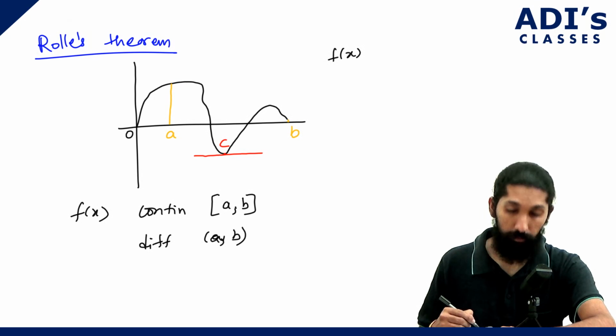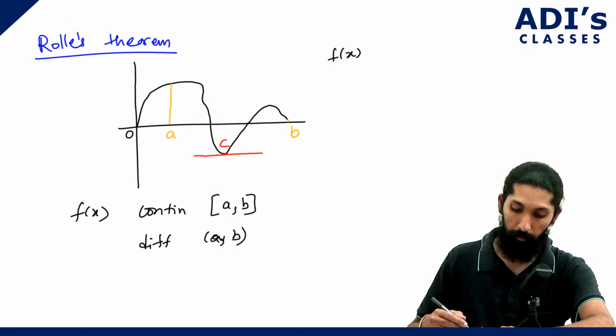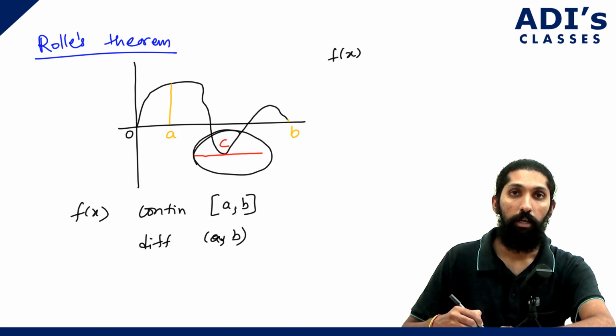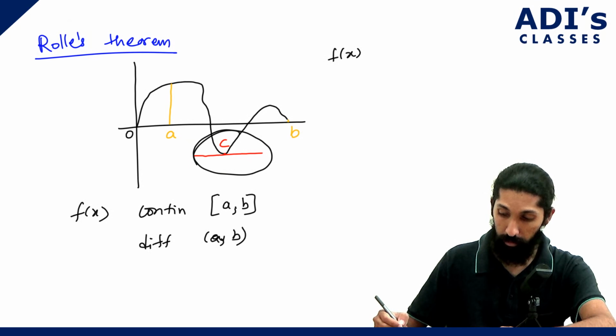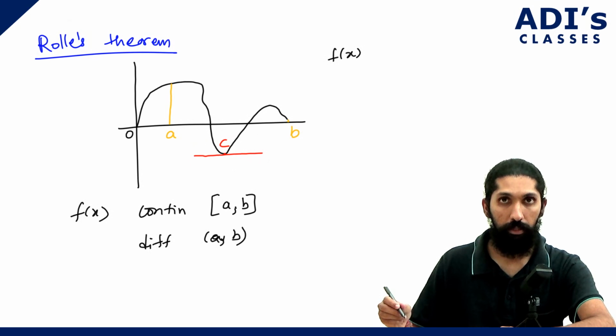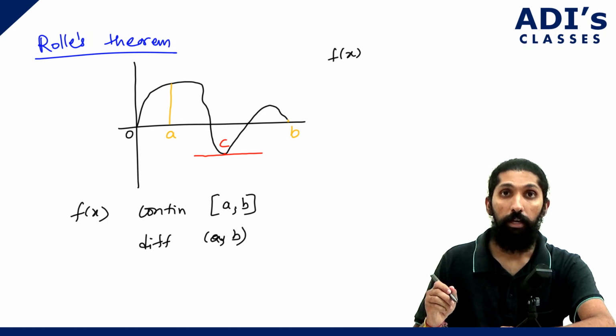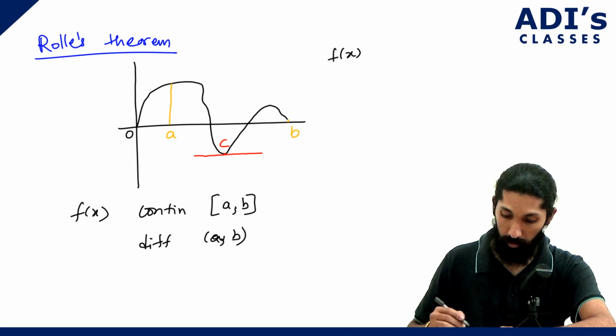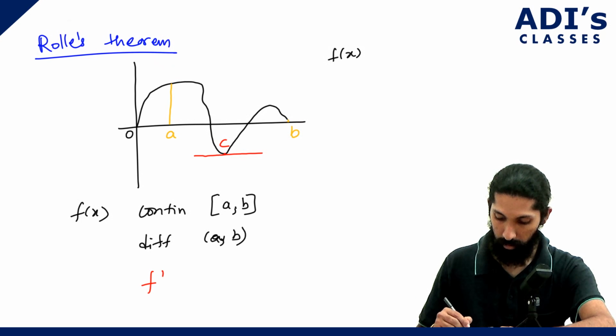If both of them are true, then we have a point C. Look at this one. This point C is between A and B, correct? In such a way that f dash of C is equal to 0.